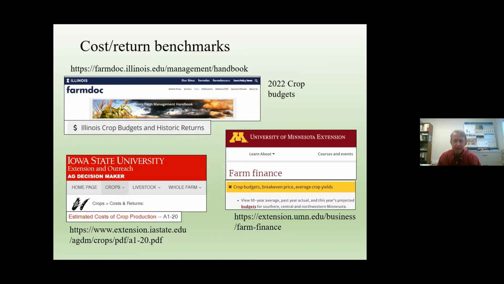They are averages, and so won't be specific to your situation, and they are from other states, but they are things that we can reference. I think particularly the Northern Illinois one from the Farm Doc, and currently they are the only ones that have updated 2022 crop budgets. I'm told that Iowa State will have theirs relatively soon.